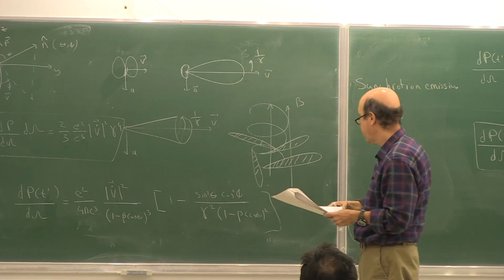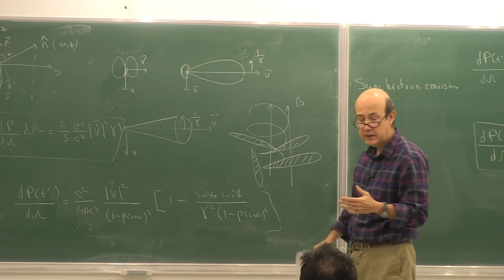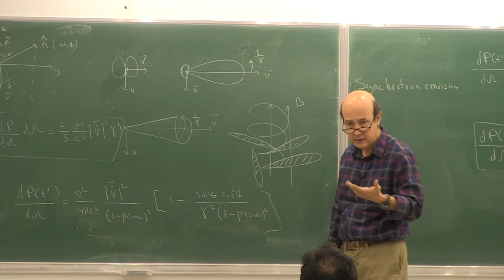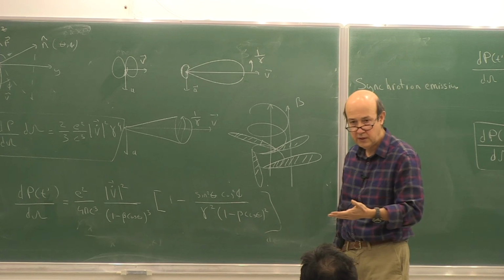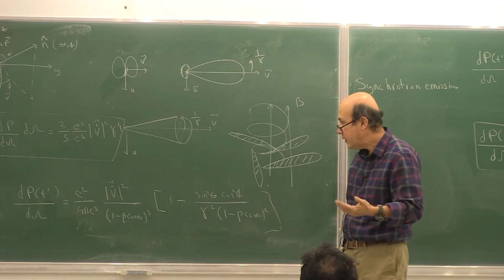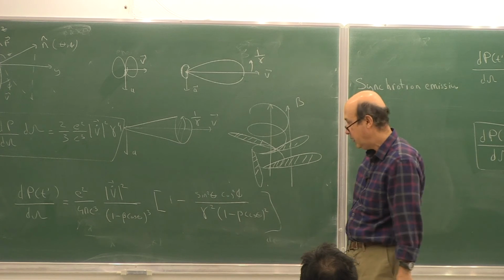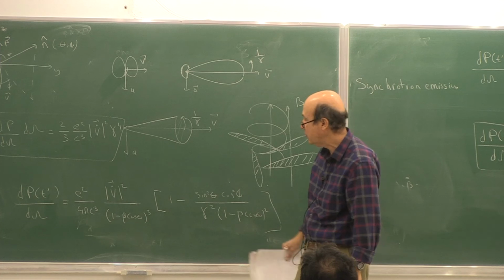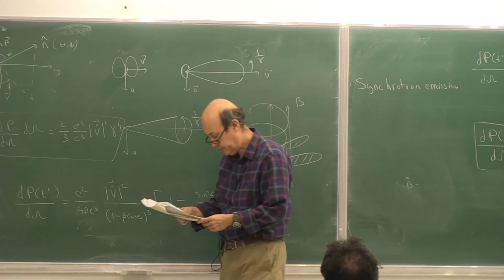Basically, you know the acceleration of a charged particle under a uniform magnetic field is very simple: mv square over r is equal to the Lorentz force, v cross B. You can write this relativistically, find the acceleration, and find the exact form of the emitted power per solid angle, or the total power from the cyclotron emission.